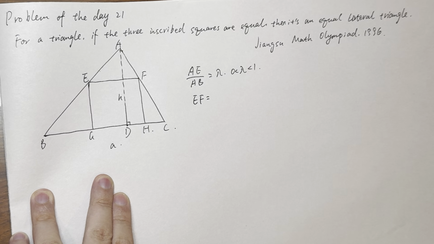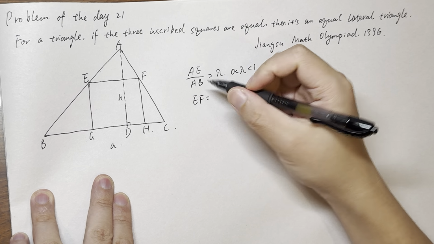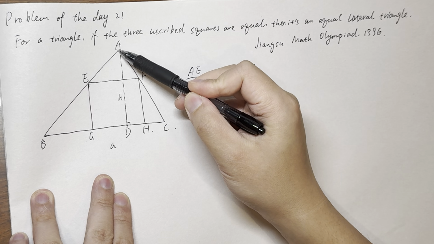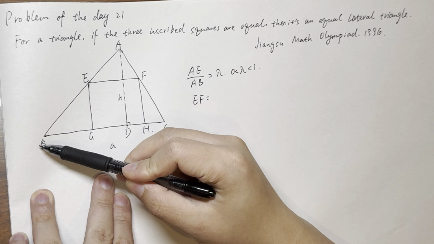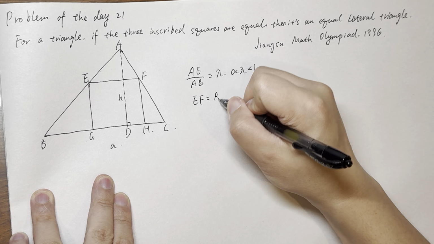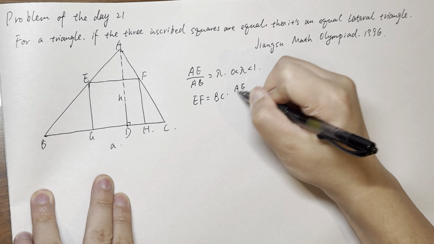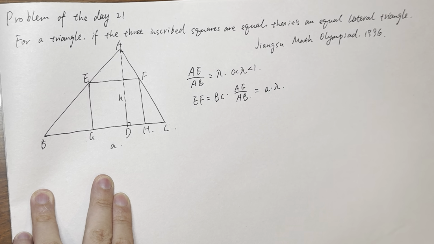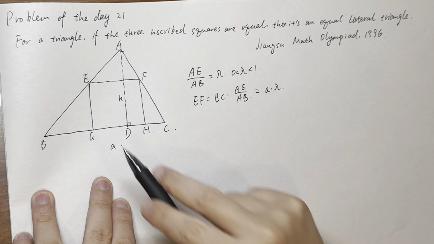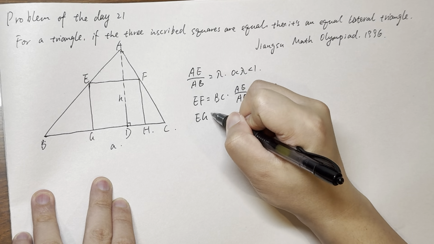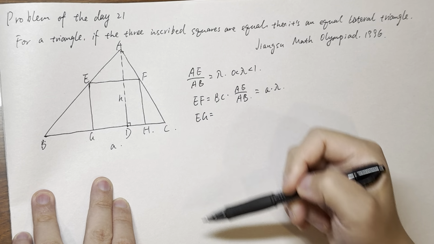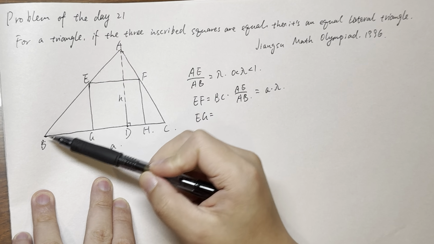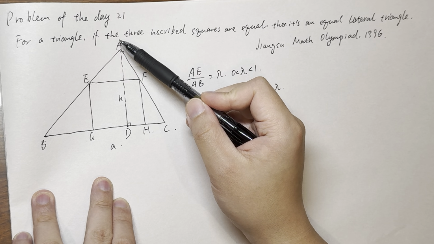EF equals to, see, EF to BC equals AE to AB, which means EF equals BC times AE to AB, which is lambda a. That's for EF. And for EG, EG to AD equals BE to AB, which is 1 minus lambda.